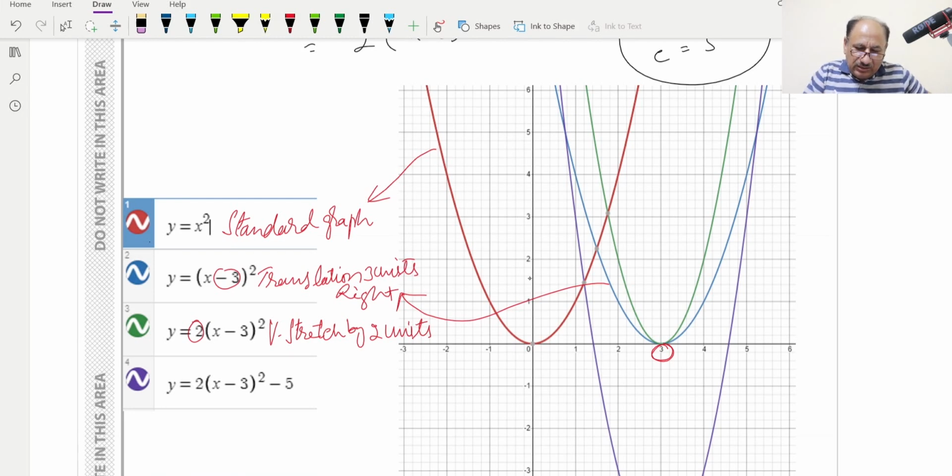The next one is -5, and this -5, f(x) - 5, is a vertical translation. If it is -5, it will be down by 5 units, and if it is +5, it will be up. So a vertical translation by 5 units down.